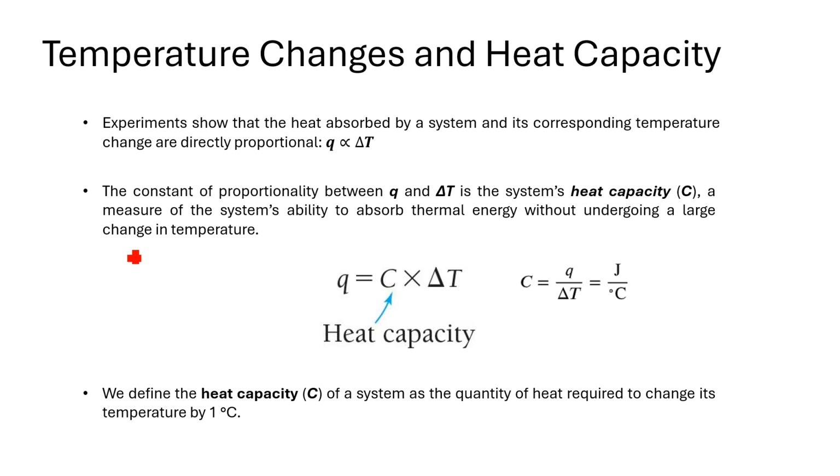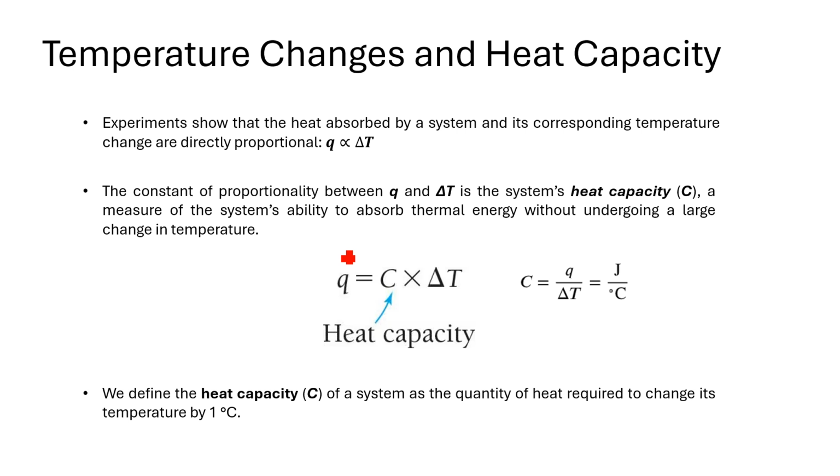Well, that basically means if I'm trying to change the temperature of something, let's say the something is the system, the heat capacity describes how much energy it takes to change the temperature of that system by 1 degree Celsius. If you're trying to change the temperature of a system by 1 degree Celsius, how much thermal energy, in the form of heat, is required for that to happen?